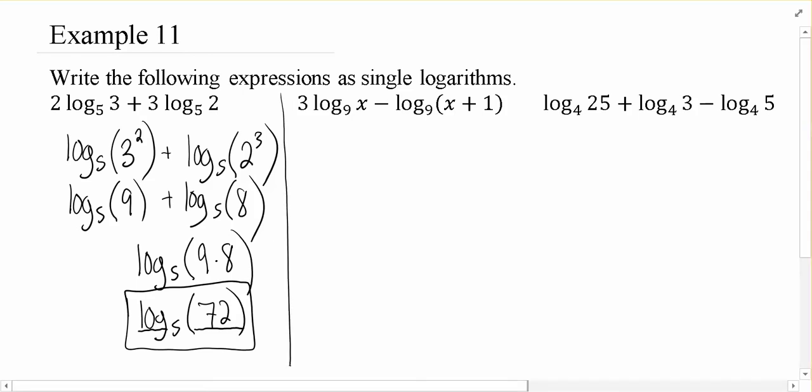Let's look at the second part of this example. For the second part, again, you're seeing a coefficient here. We got to handle the coefficients first. You can't use your sum or difference, or if you want to call it your product or quotient rule, we can't use those if we have coefficients in front. So the first thing we got to do is to take that coefficient of 3 and bring it up as a power.